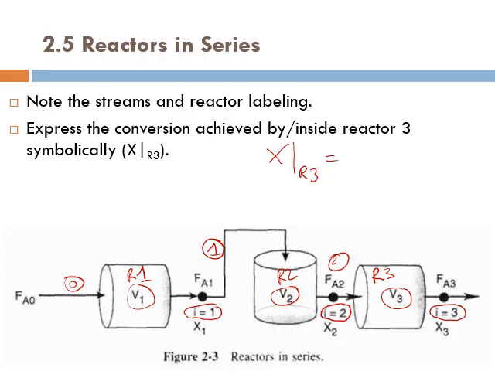We check how much input we have, FA2, minus the molar flow rate leaving the reactor. This is the input, this is the output. Where did the difference go? Reacted, exactly, divided by the moles of A fed, which is FA2. So this is how we calculate the conversion achieved by, or inside, reactor 3.